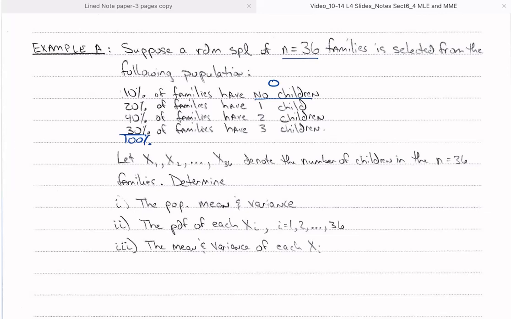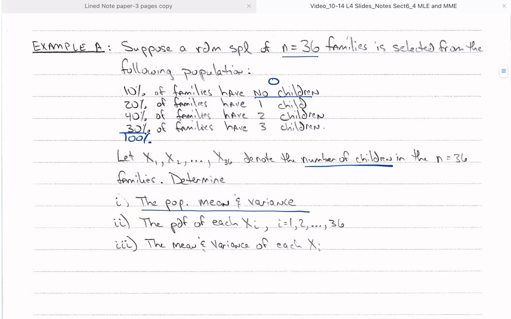Okay? So we have a discrete distribution here because what's the random variable? X is the number of children in the n equals 36 families. Okay, so the number of children is the random variable. We want to find the population mean and variance, the PDF of each x sub i, and the mean and variance of each x sub i. So the population mean and variance is for this random sample, right?